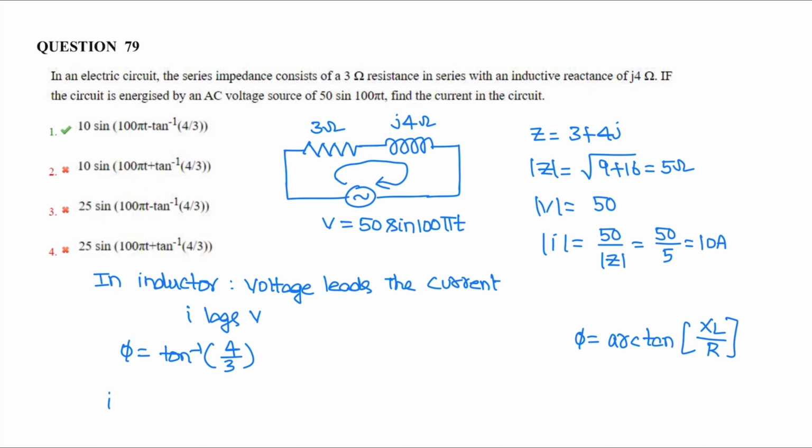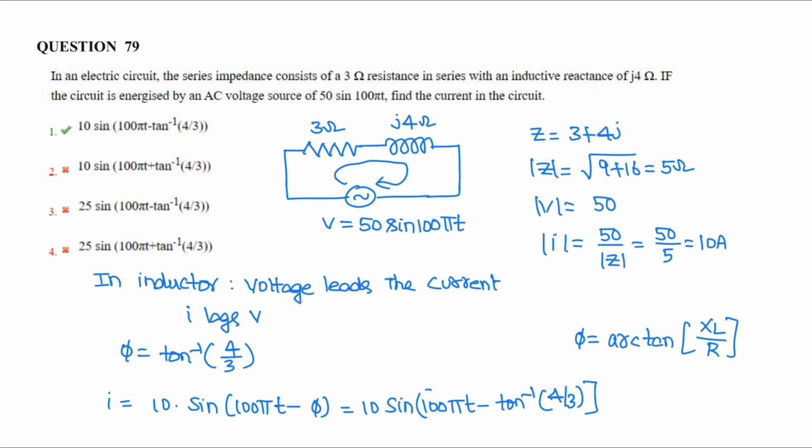Now the current I is 10 sin of 100 pi t minus tan inverse 4 by 3 ampere. So correct option is 1.